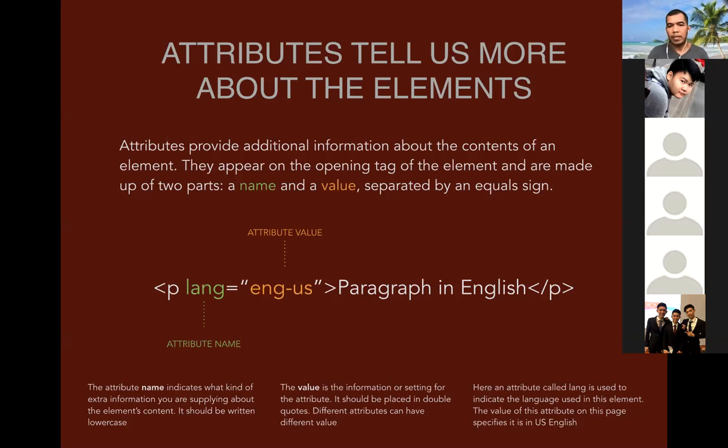All right, so let me just re-explain about attributes. Okay, an attribute is additional information about the tag. Here you can see, although I have included a P element or paragraph, P tag, I've also included an attribute. So the attribute here says that I am using a language attribute. Okay, language attribute meaning that you want to tell the browser that I'm using English US or English UK.